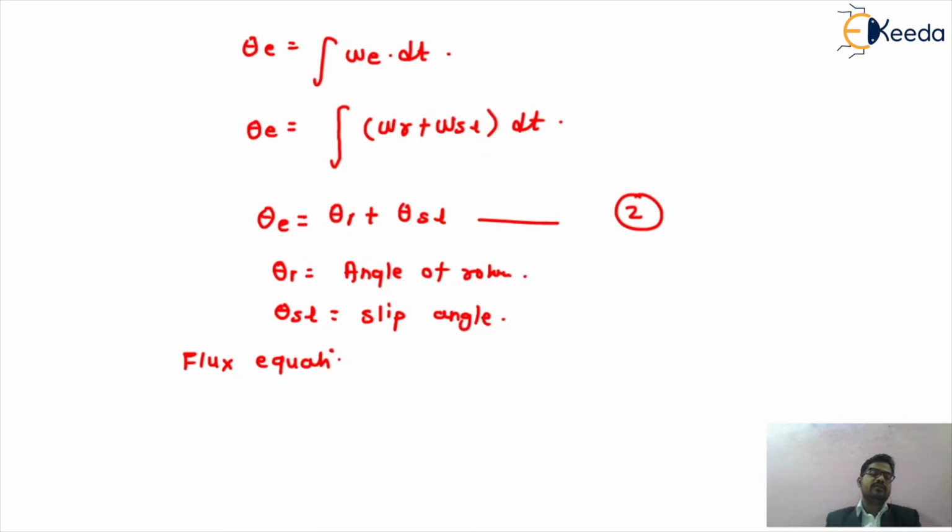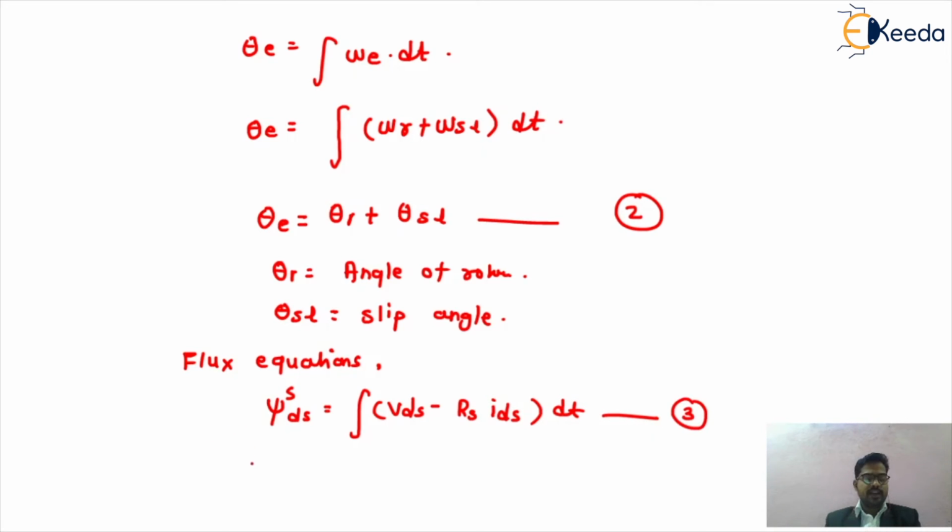So now we can write these flux equations as they are. We get psi ds s is equal to integration of vds minus Rs ids with respect to time dt. This is equation number 3. Similarly, we get the value of psi qs s, that is integration of vqs minus Rs into iqs into dt.